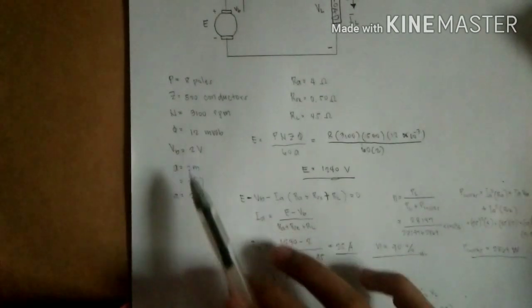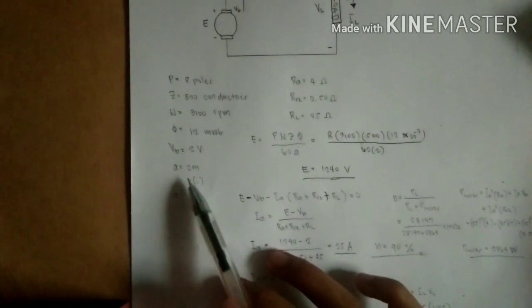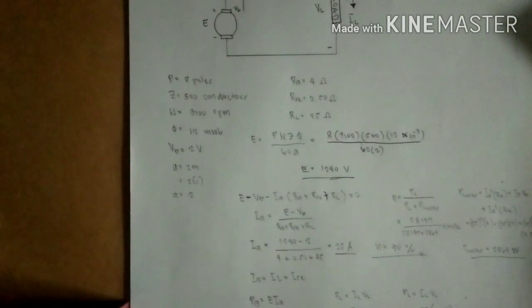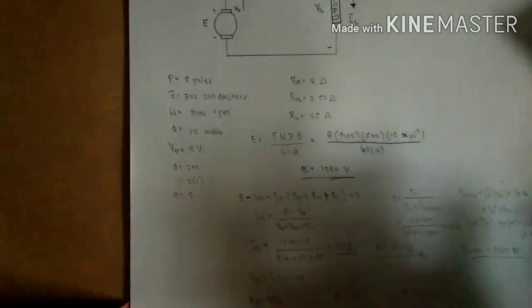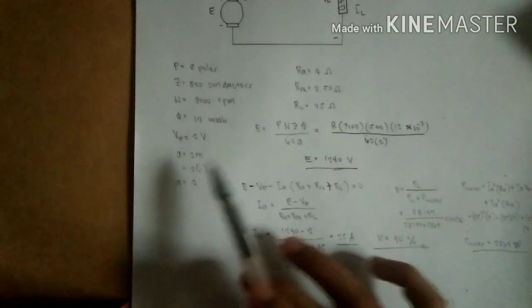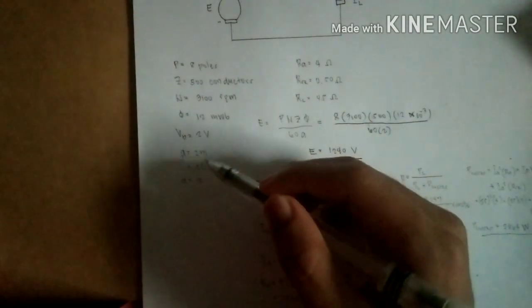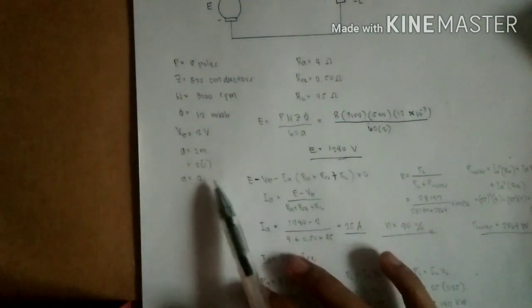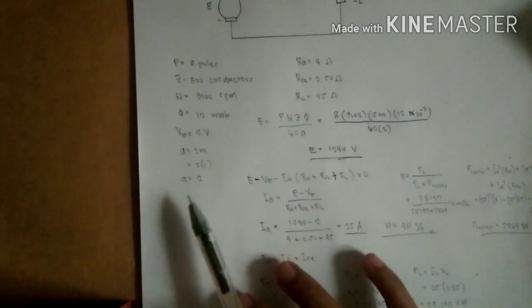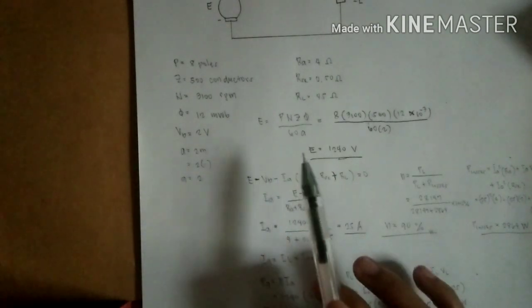The number of armature current paths is 2, since it is wave winding. The formula is 2m, and for simplex form, the multiplier is 1. So A is equal to 2.